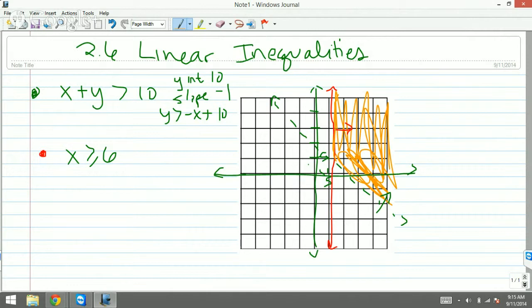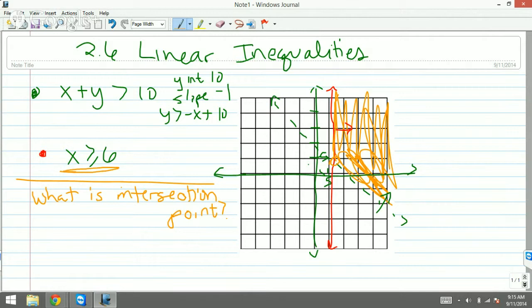Here's a question. What's the intersection point of those two lines? We know the x value is 6, right? Because of this.